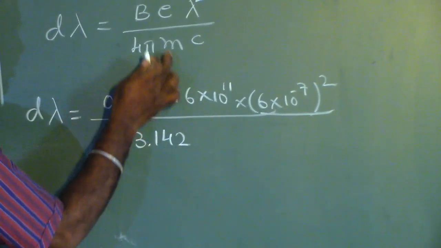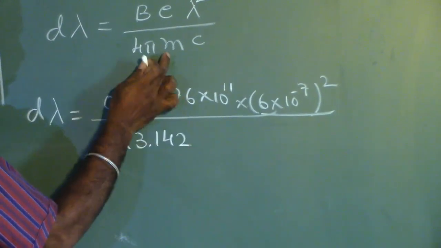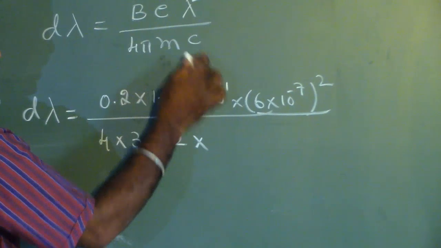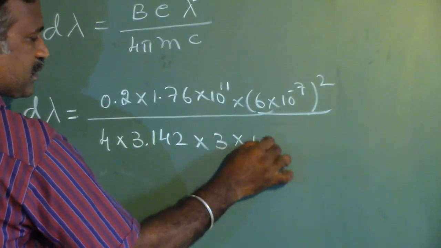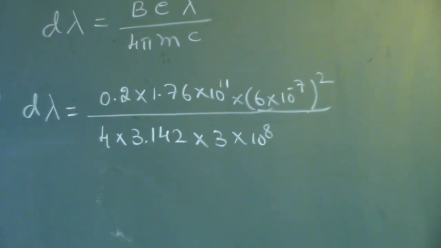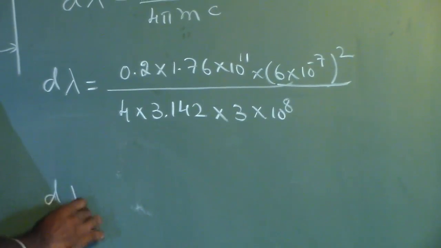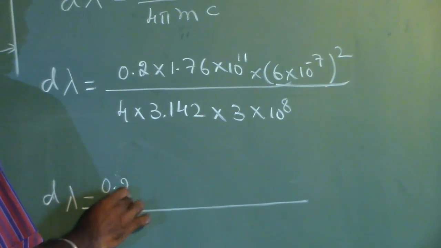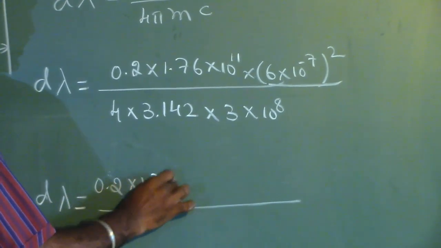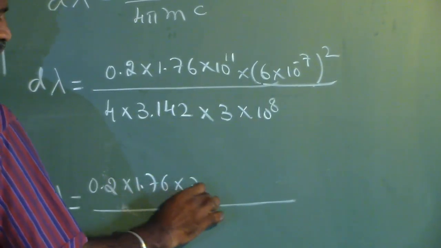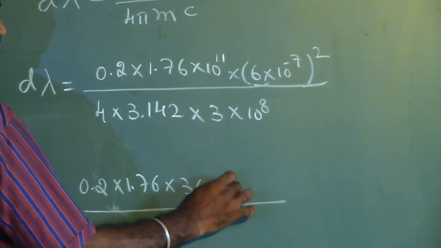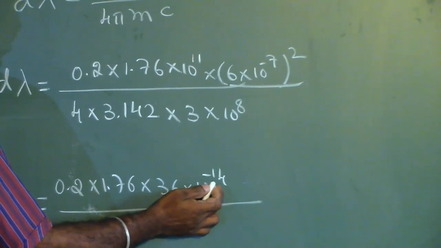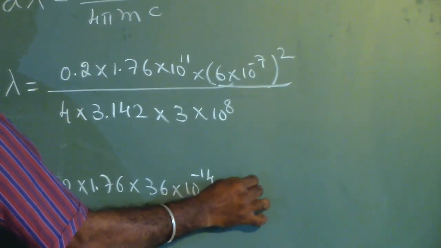Since we have taken the e by m value directly, there is no need to write the mass of the electron again. Substitute the speed of light as 3 into 10 to the power of 8. Now let us simplify the numerator: d lambda is equal to 0.2 into 1.76 into 6 square, which is 36, into 10 to the power of minus 14, since 10 to the power of minus 7 the whole square is 10 to the power of minus 14, into 10 to the power of plus 11.